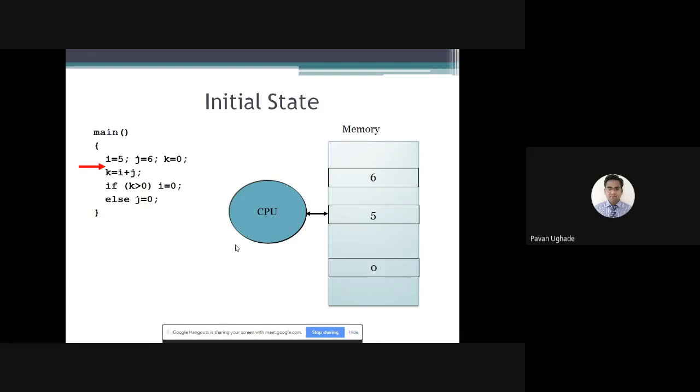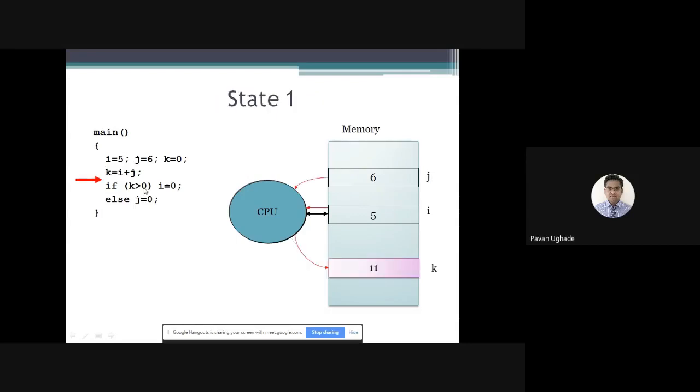Now what happens when the compiler reads the first line? In the memory, int i, j, and k are created and initialized. So i equals 5, you can see i is initialized with 5, this is j, k, j equals 6, and k is initialized with 0. This is the CPU which does the computation part.